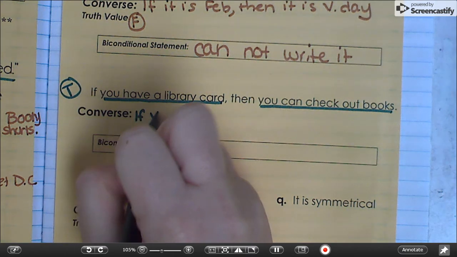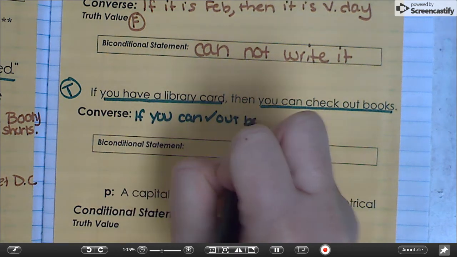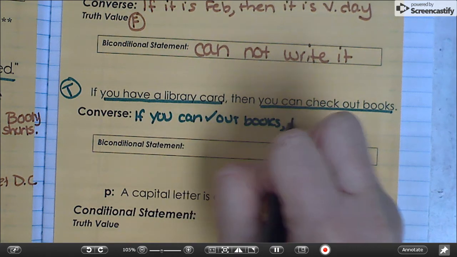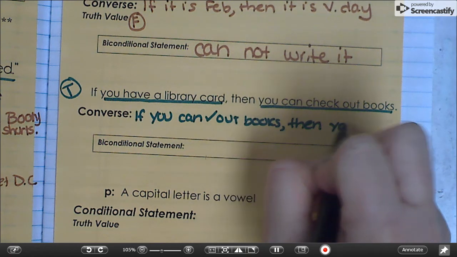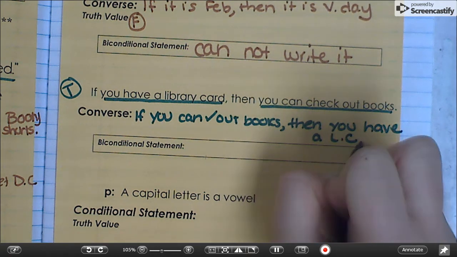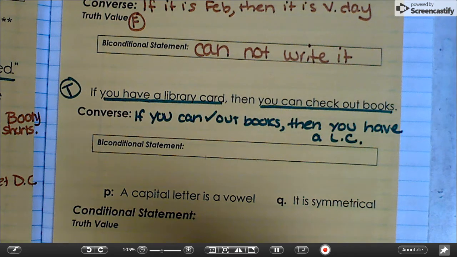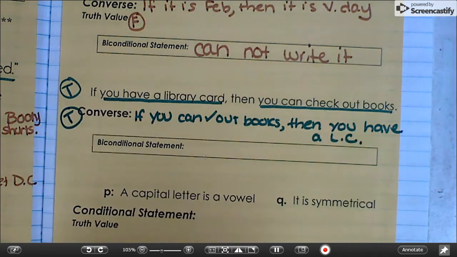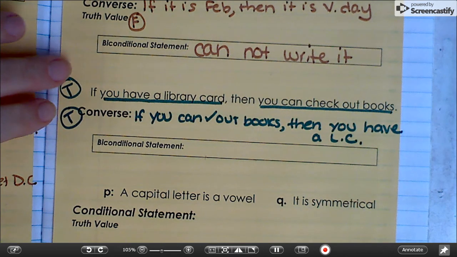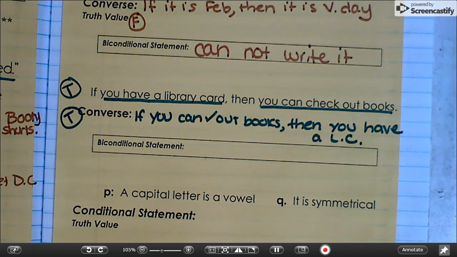If you can check out books, then you have a library card. If you can check out books, then you have a library card is also true. Since both of these are true, the original and the converse, we can write a bi-conditional statement.